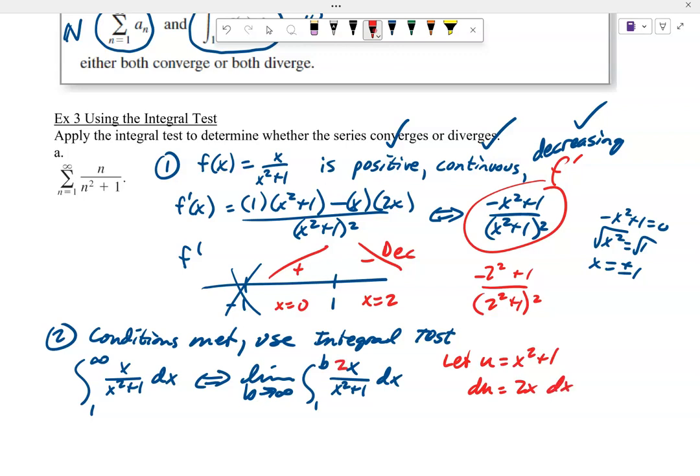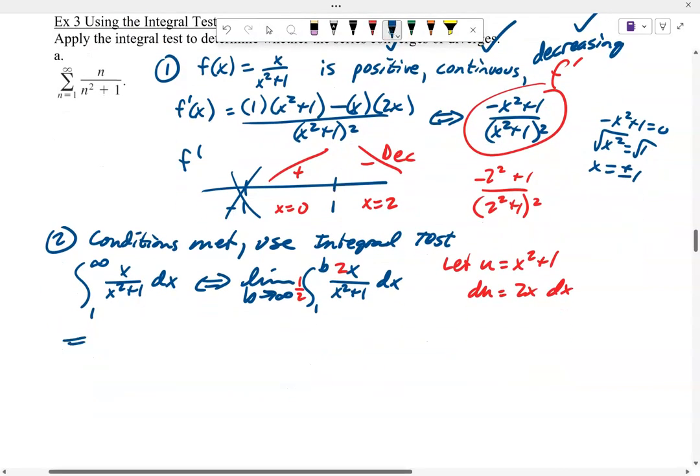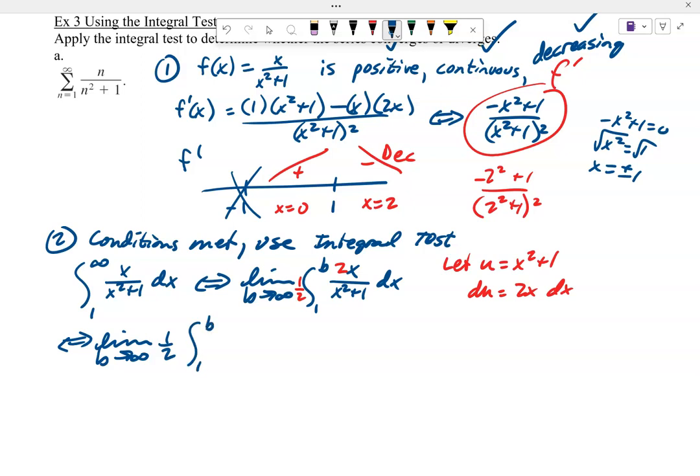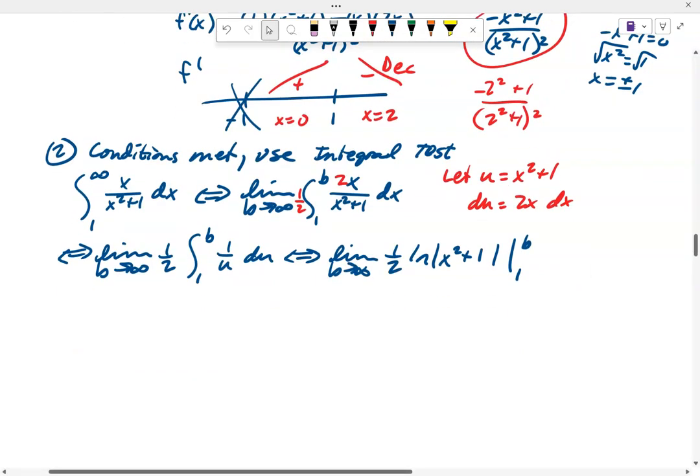So we need a 2x, I'll put a 1/2 right there. And so we've got the limit as b goes to infinity of 1/2, and then we've got 1 over u du. So 1/2 natural log of u, where u is x squared plus 1, from 1 to b.